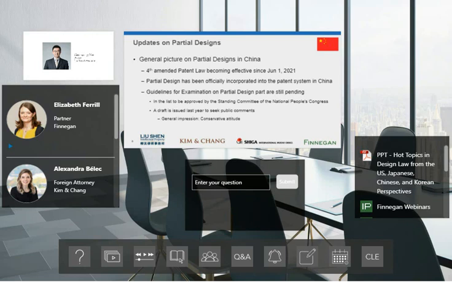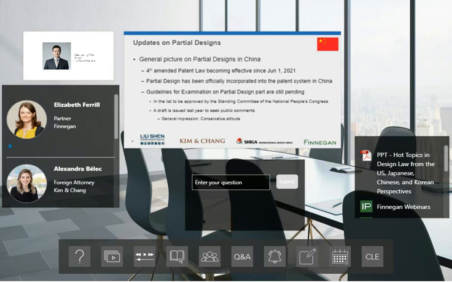They are holding a conservative attitude about such partial design because it is a completely new system in China. So actually, I believe that the examiners in the design department are also doing some research from a worldwide view to see what should be done to examine such partial design in China.